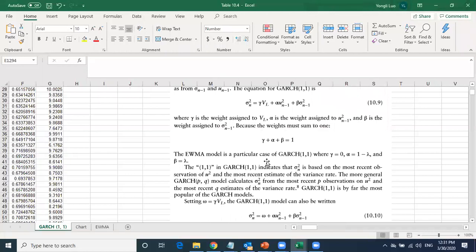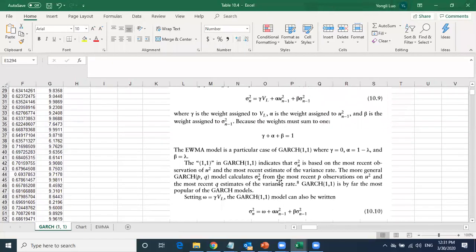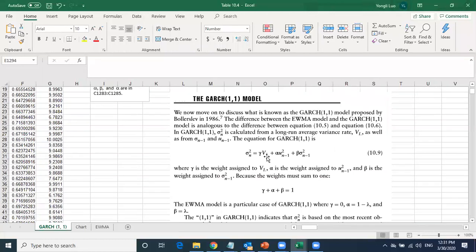What is your long run volatility? I will tell you later. Plus alpha times the previous day's return squared, plus beta times the previous day's variance.